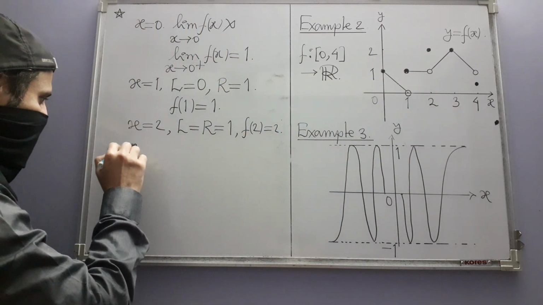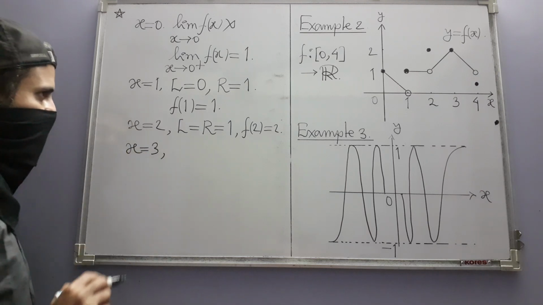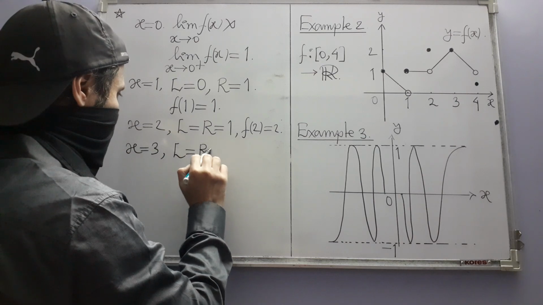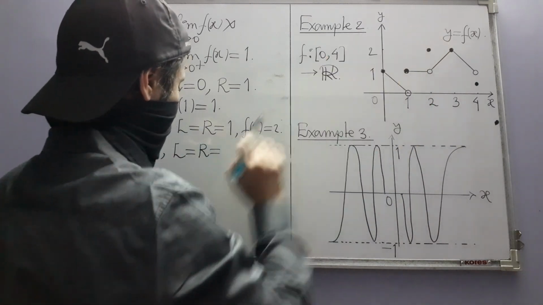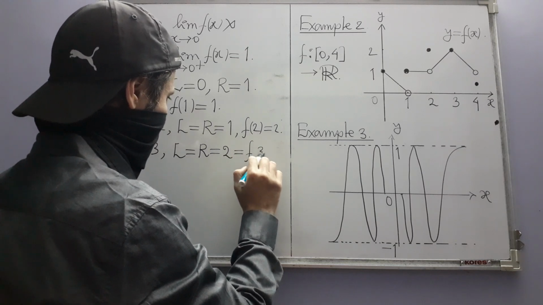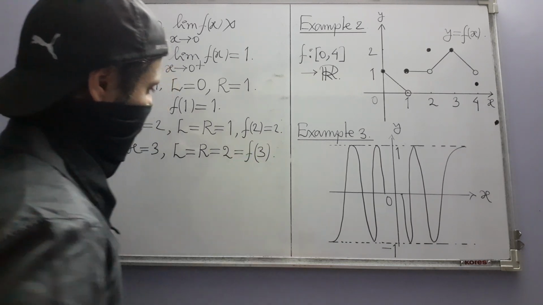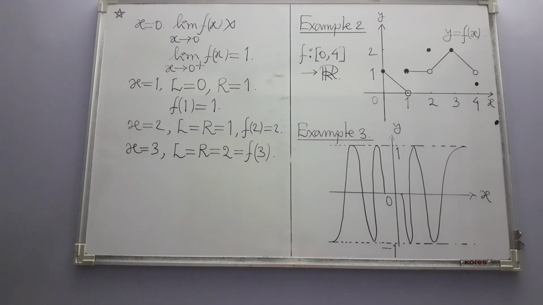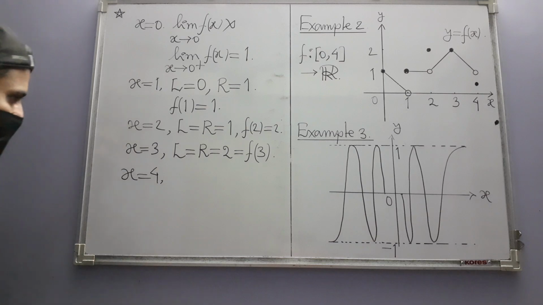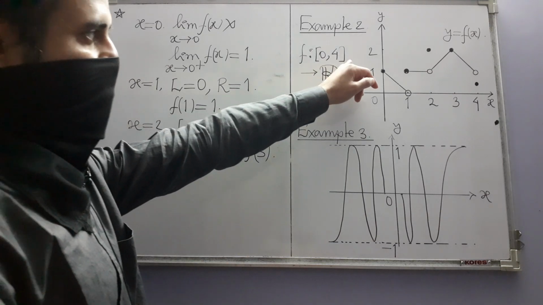So you can now guess what will happen at 3. At 3, both the left and right limits exist and are equal to 2, and in this case that is also equal to the functional value. At 4, we have reached another boundary point.